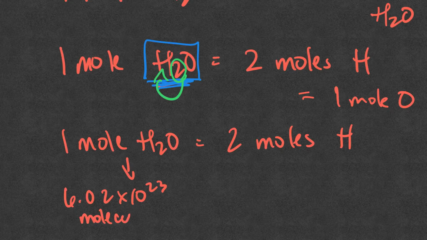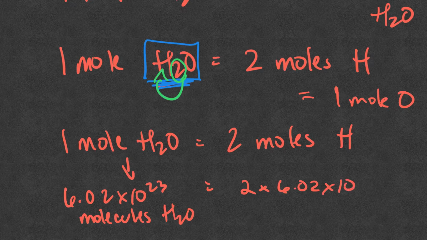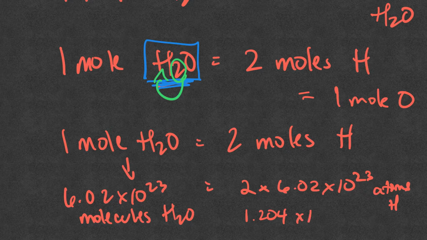So if we're talking about moles, then we have 2 times 6.02 times 10 to the 23rd atoms of H in every 1 mole of H2O. If you multiply this, you'll get 1.204 times 10 to the 24. So that's how many atoms of H we have in 1 mole of H2O.